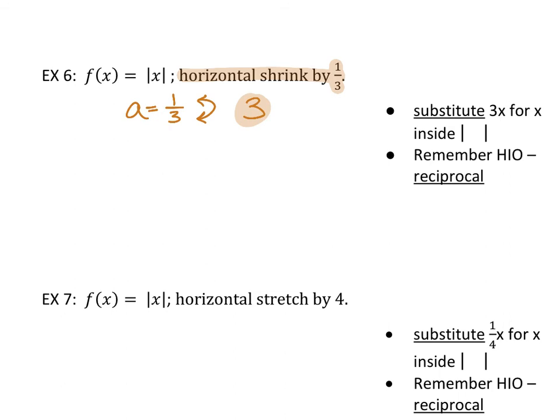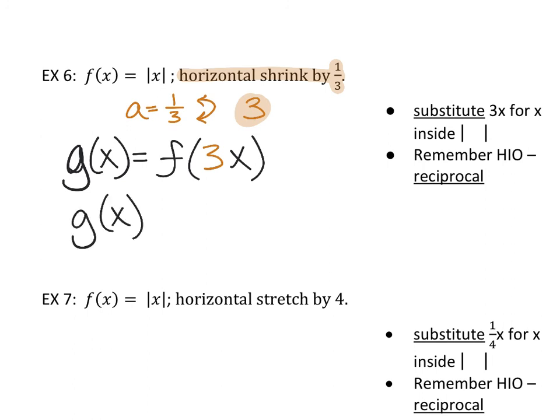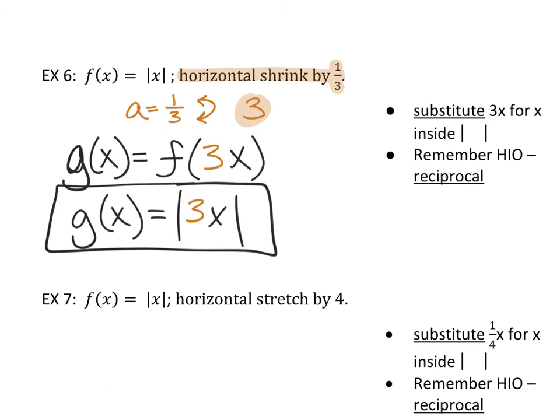So we start writing this. We would say g of x is equal to f of no longer just regular x, but that flipped number 3. It's going to horizontally shrink it. I have to flip the number. So it goes inside the parentheses. It also goes inside the absolute value bars when I translate that into the function without function notation.